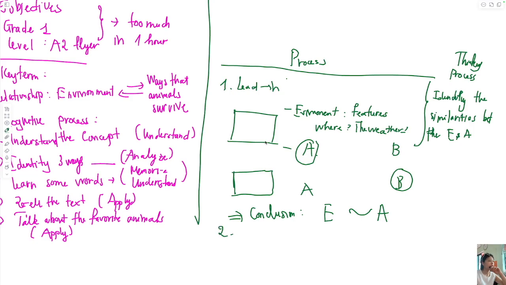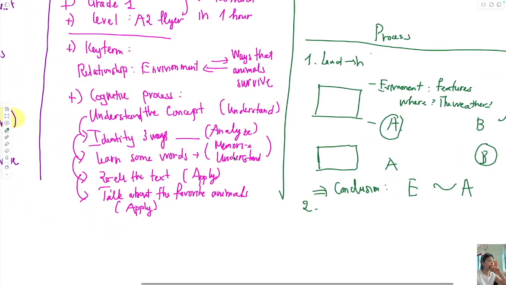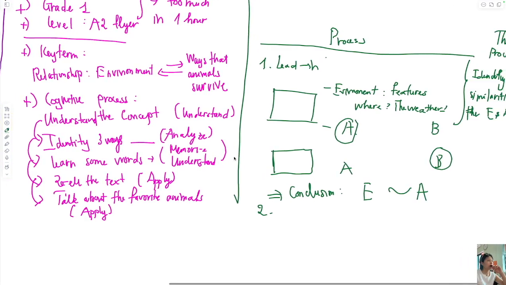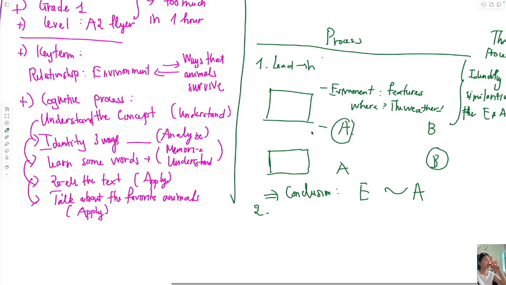So number two, what they have to do, I think, is the second one here, identify three ways.